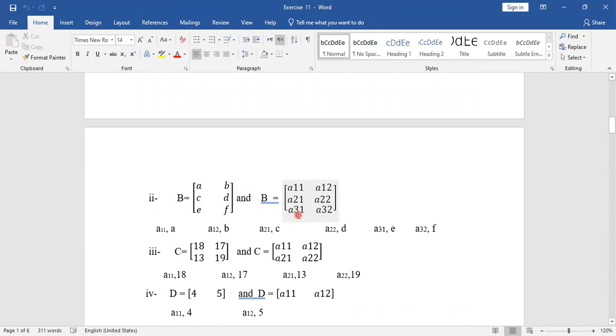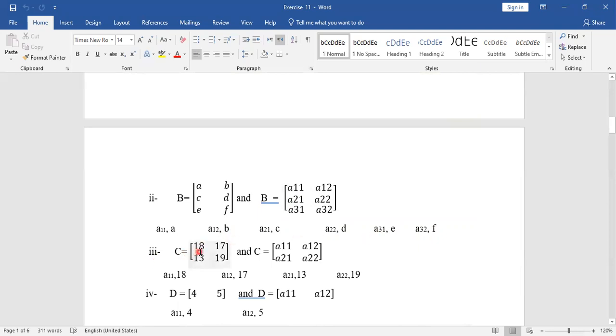A31 shows third row, first column. A32 shows third row, second column. Now, how can we locate? A11 locates A, A12 locates B, A21 locates C, A22 locates D, A31 locates E, A32 locates F.